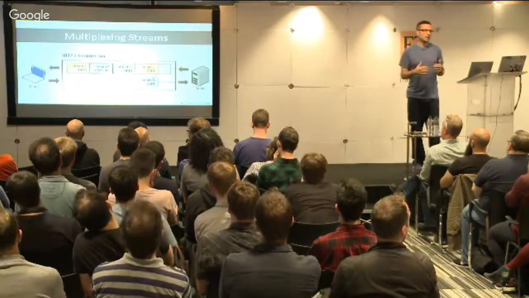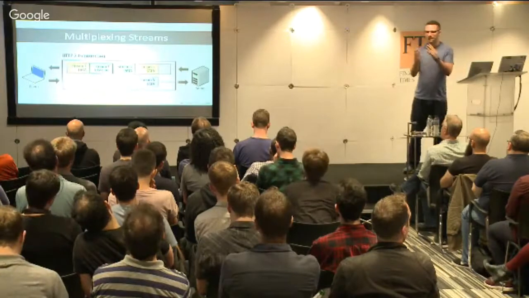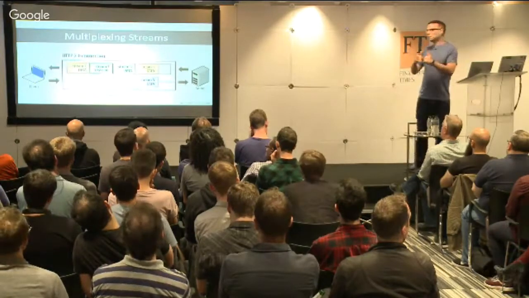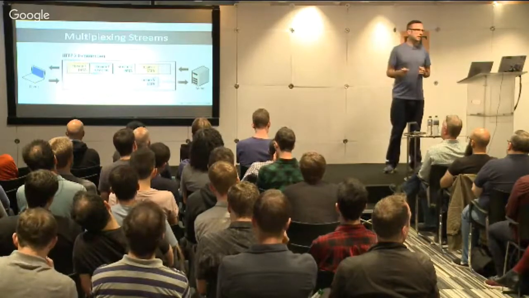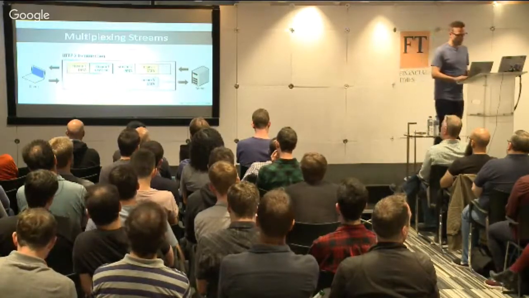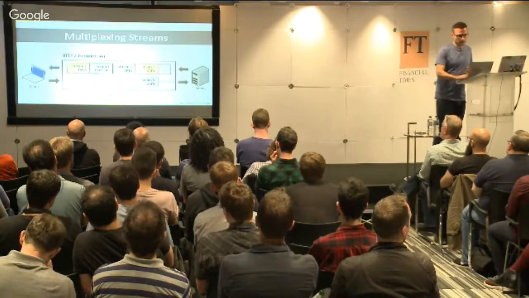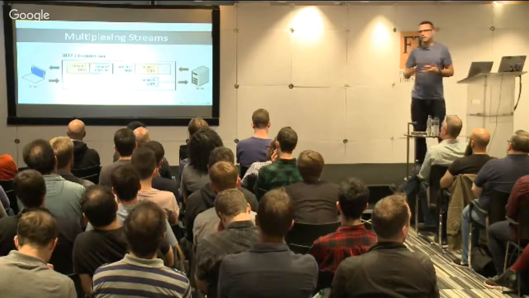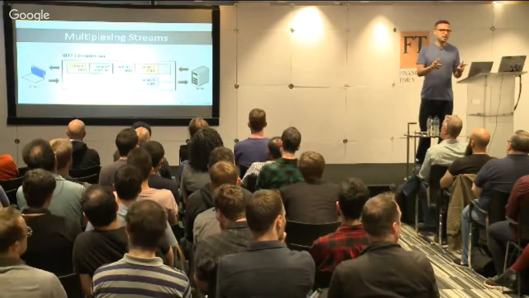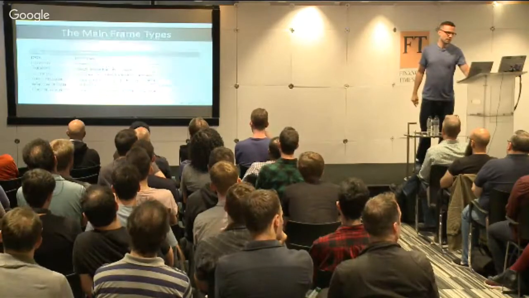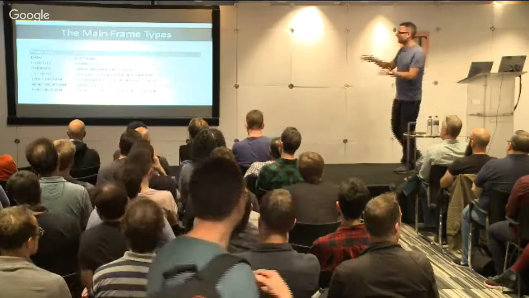The way multiplexing works at the stream level is that, over the TCP connection, the frames can interleave with each other and be reassembled at the end by using the stream ID to identify which stream sent that data. On the graph here, you can see stream 1 sending data, stream 3 headers, stream 3 data, stream 1 data. It's all interleaved with each other and then reassembled at the end because the stream ID is kept within that data.